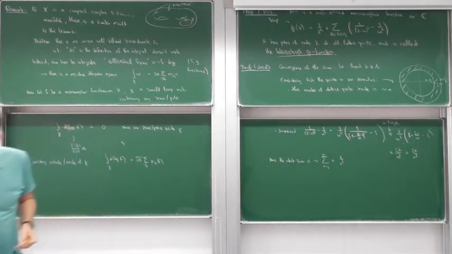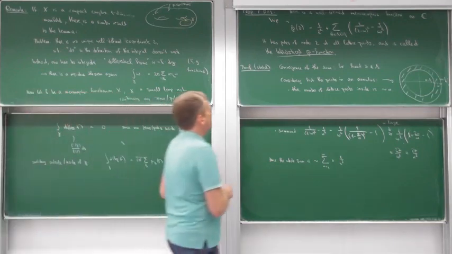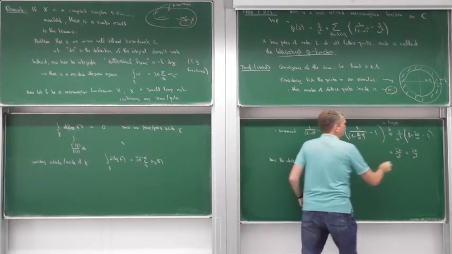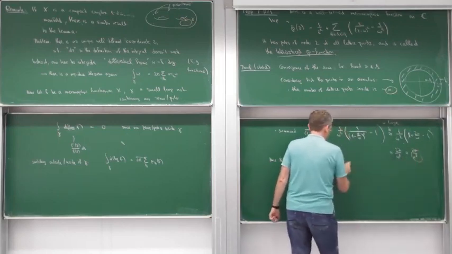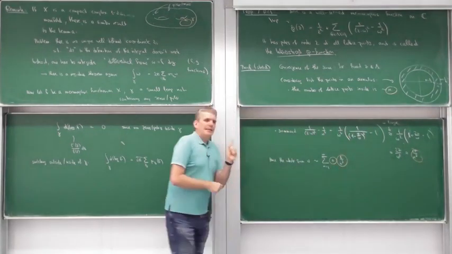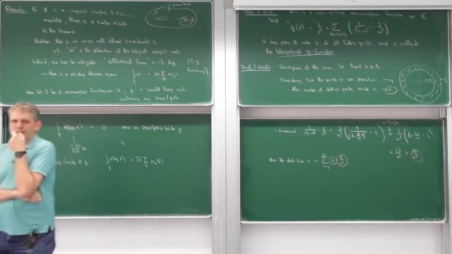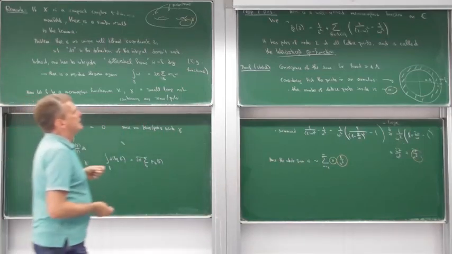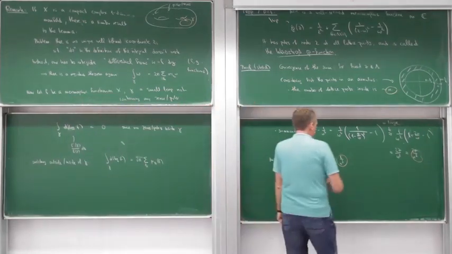So the n is the number of points inside the annulus, and each point gives a contribution of that type. And that is the sum of 1 over n squared, and that's convergent, right? And so if you make this into an exact argument, you'll see that this sum actually converges.